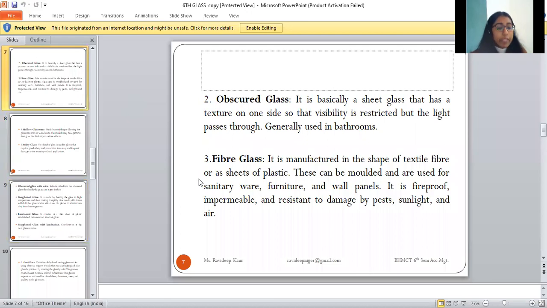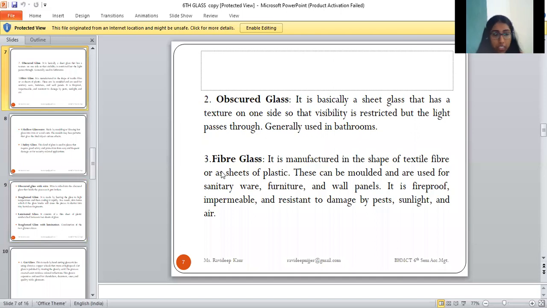Next we have fiberglass. It is manufactured in the shape of textile fiber or as sheets of plastic. These can be molded and are used for sanitary ware, furniture, and wall panels. It is fireproof, impermeable, and resistant to damage by pests, sunlight, and air.